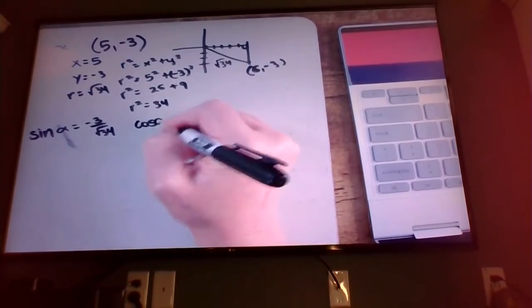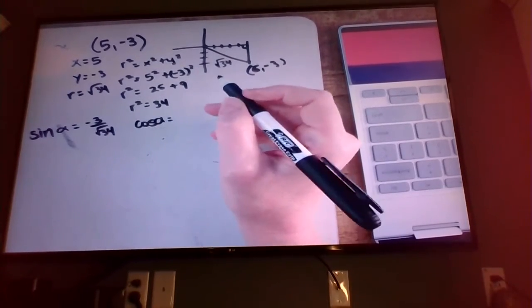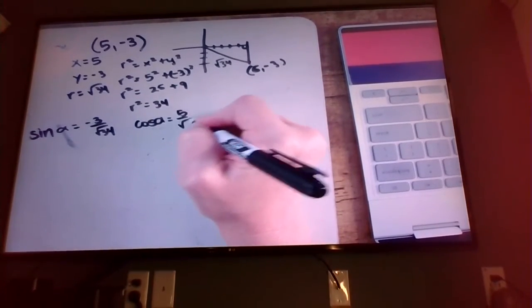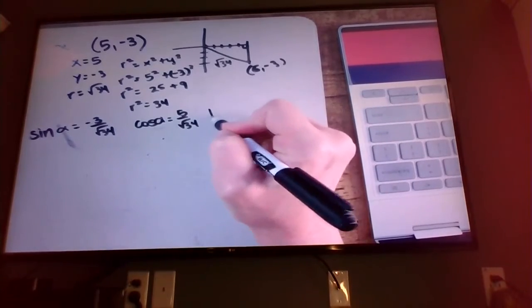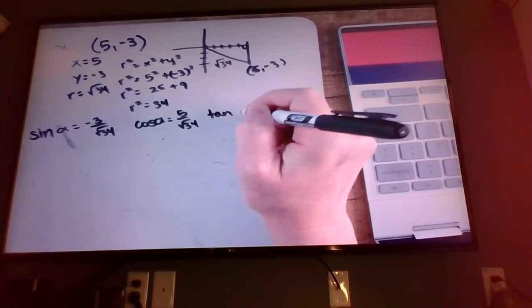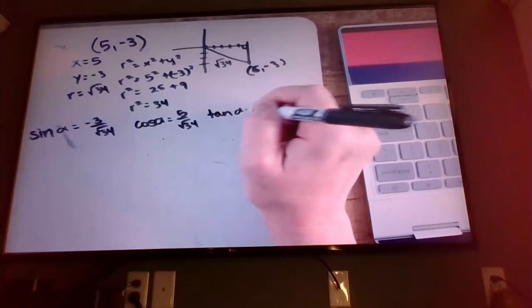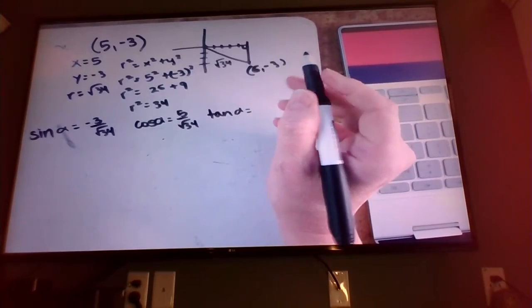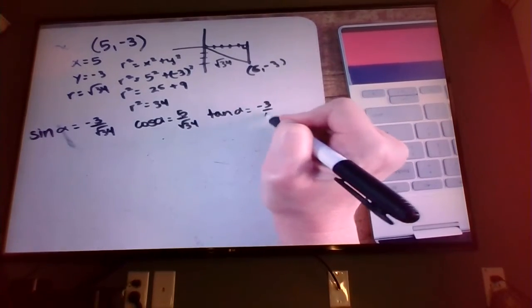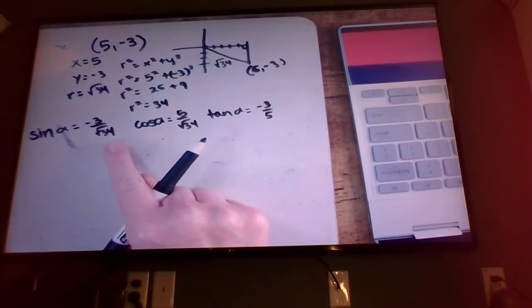Cosine of alpha would be x over r, so that's 5 over the square root of 34. Tangent of alpha would be y over x, so it's negative 3/5. And by the way, we're not going to rationalize that denominator right now.